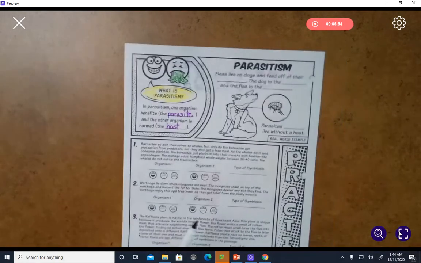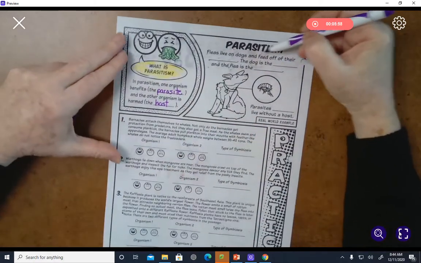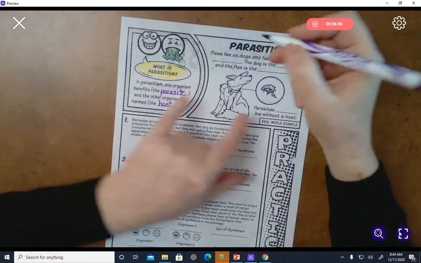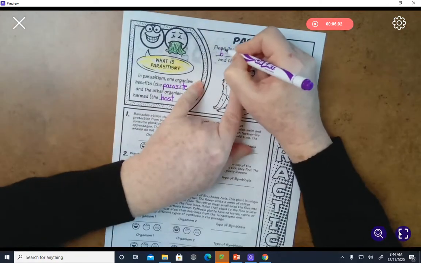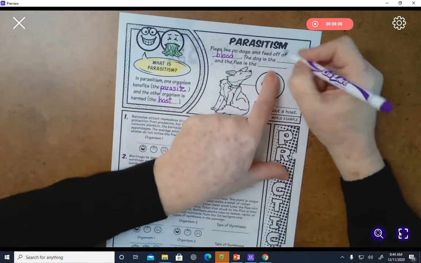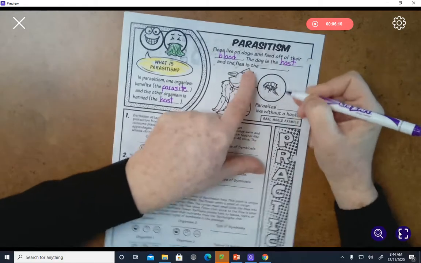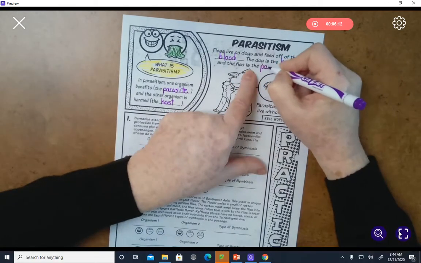So let's look at a real world example. Fleas live on dogs and feed off of their blood. The dog is the host, and the flea is the parasite.